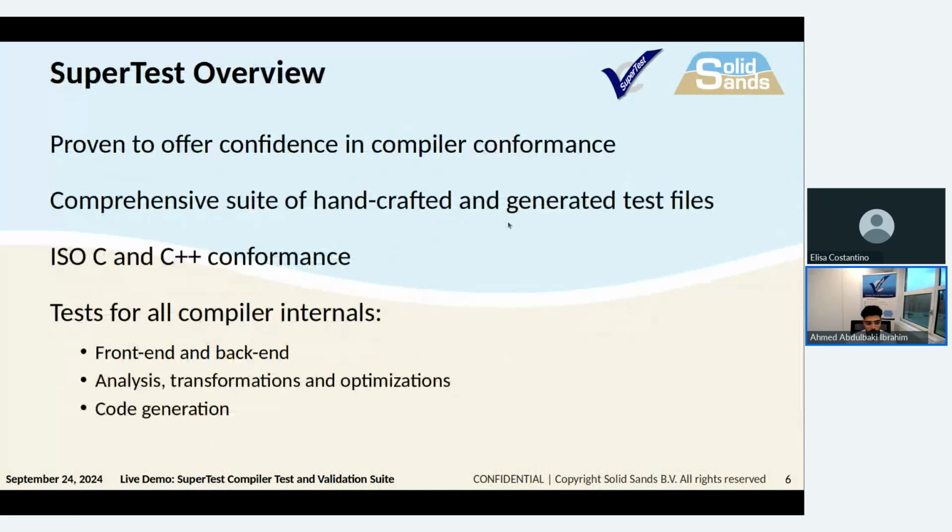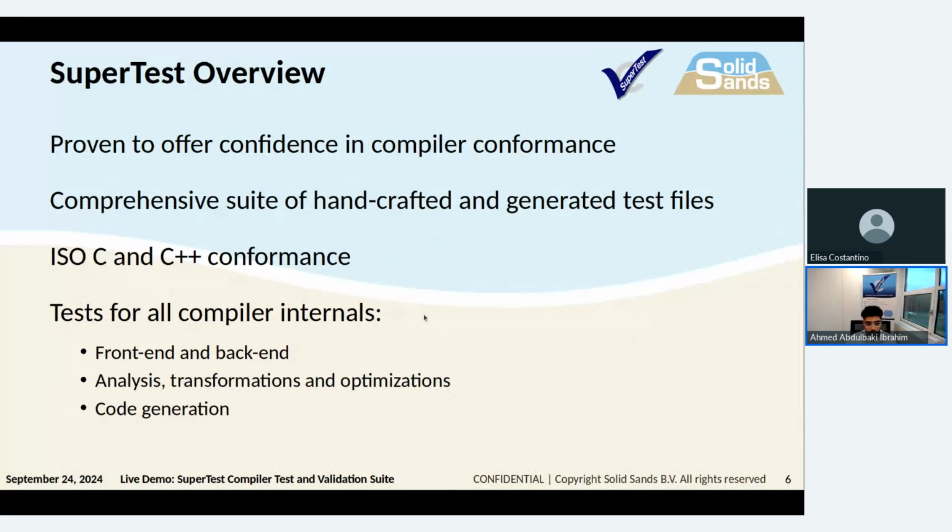So as an overview, SuperTest is used to test compiler and standard library conformance to the ISO C and C++ specifications. And to do that, it contains a comprehensive test suite of both handwritten and generated test files. It has tests for the front end and back end of the compiler, but also for analysis and optimization passes and code generation.